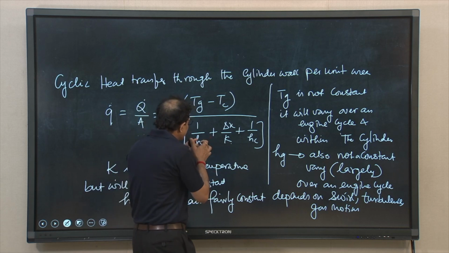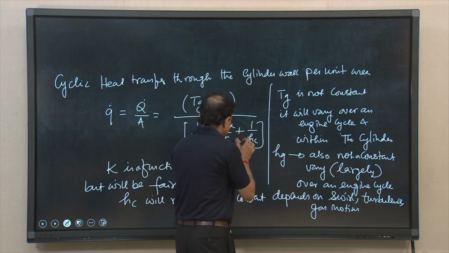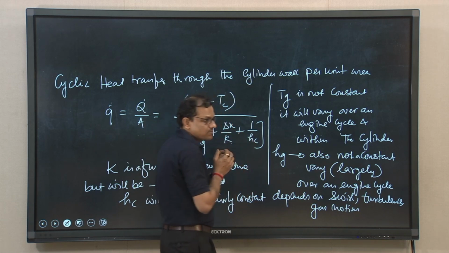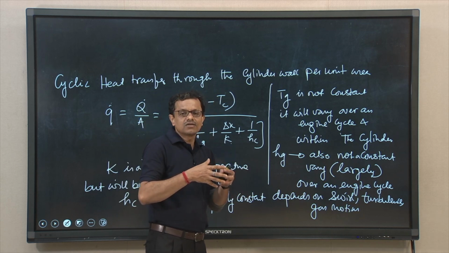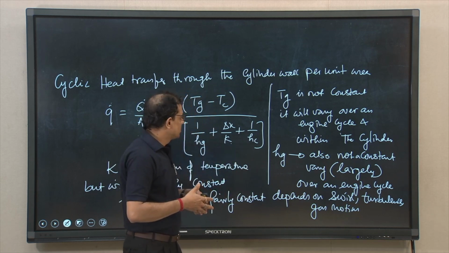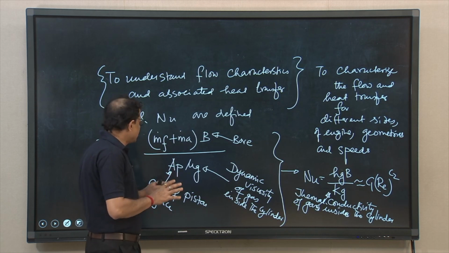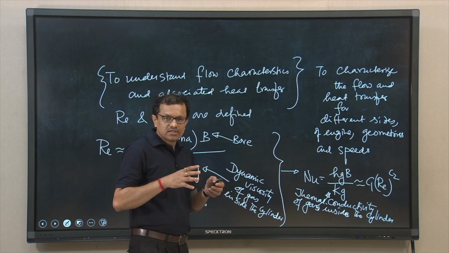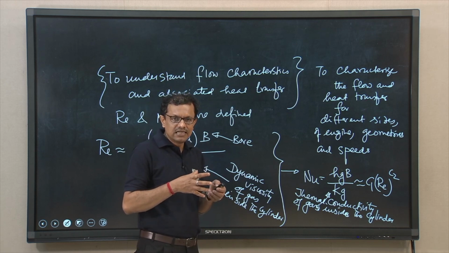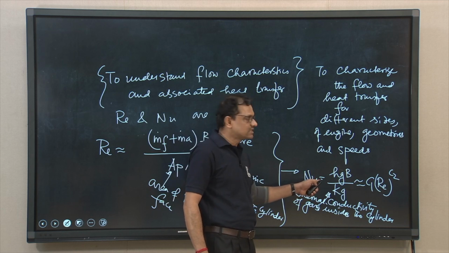We have identified the convective heat transfer coefficient of gas, conductivity of wall material, and convective heat transfer coefficient of coolant, and whether they are constant or they will vary. Then we could define Reynolds number based on the convective transport of heat inside the cylinder, and from there we could define Nusselt number, just correlation.